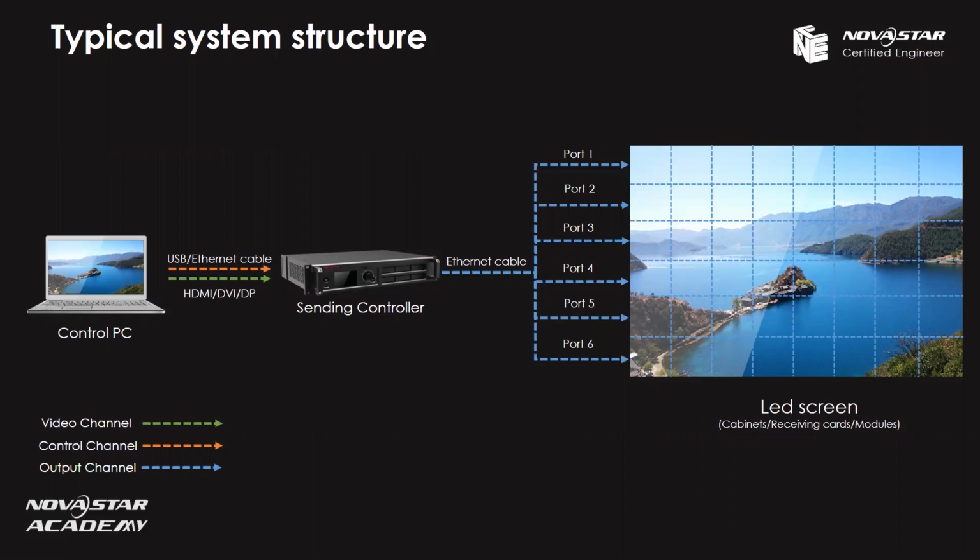The LED screen uses Ethernet cables to connect to the scenic controller's different output ports, depending on the resolution of your LED screen. So this is the basic structure and all the hardware settings. For today, we will talk about the software part, how we use the software to configure our LED screen.